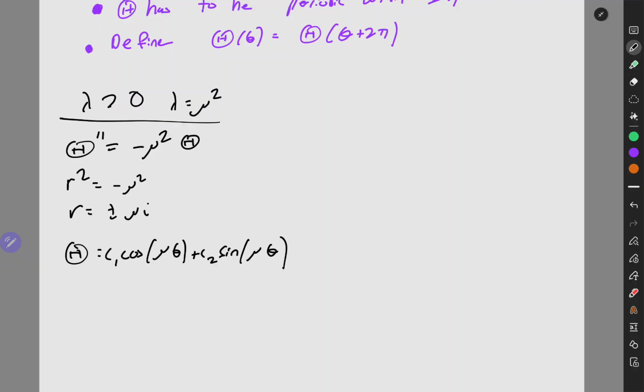Cosine and sine are naturally periodic functions, but in order to maintain that, mu has to be either constant negative n or constant positive n to maintain periodicity. So mu has to be negative n or n to maintain it to be periodic.